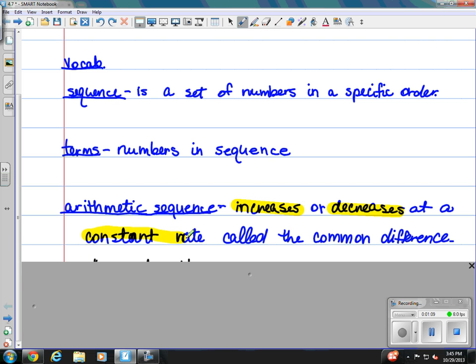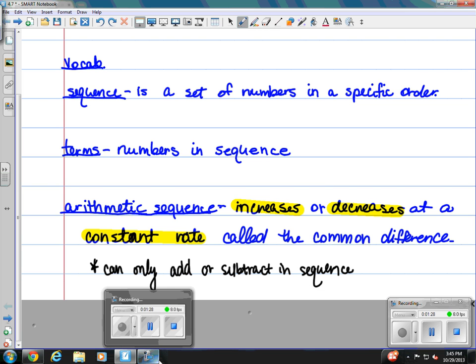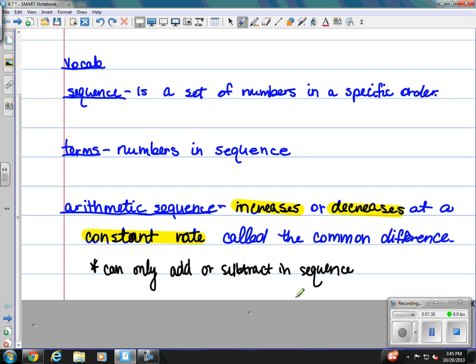That means it's going to keep that same value. It's going to keep increasing or keep decreasing at a constant rate, and that's our common difference. So if it's going to increase or decrease, that means we can only add or subtract in an arithmetic sequence.